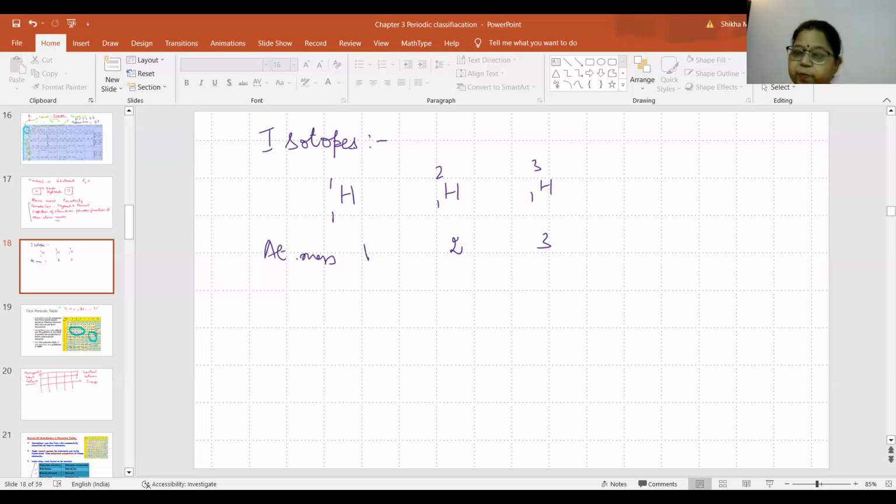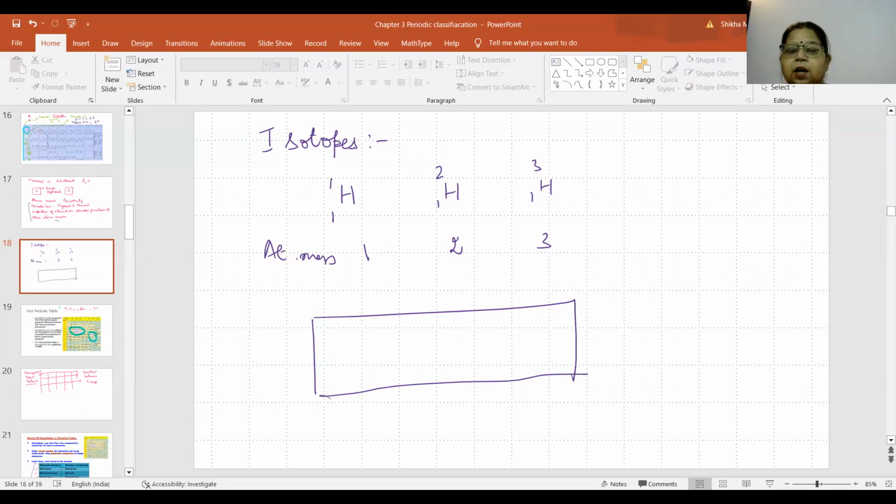Now, when Mendeleev was preparing his periodic table, he said elements are arranged in increasing order of atomic masses. That means in his periodic table, hydrogen should occupy 3 places: one with atomic mass 1, other with atomic mass 2, another with atomic mass 3, then there should be helium with atomic mass 4.